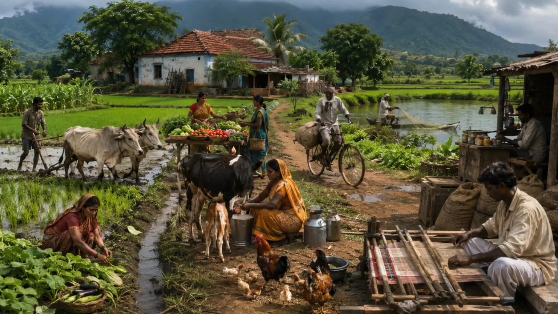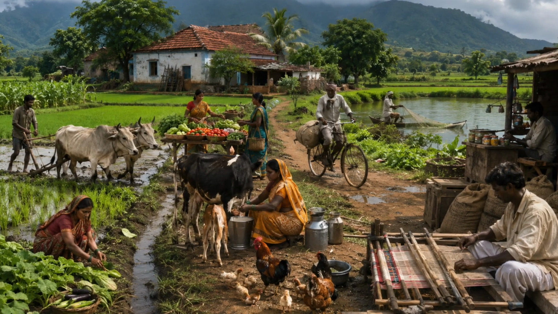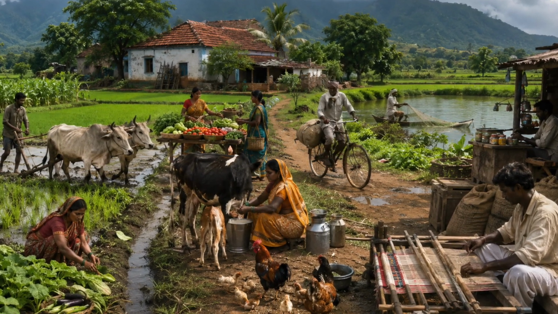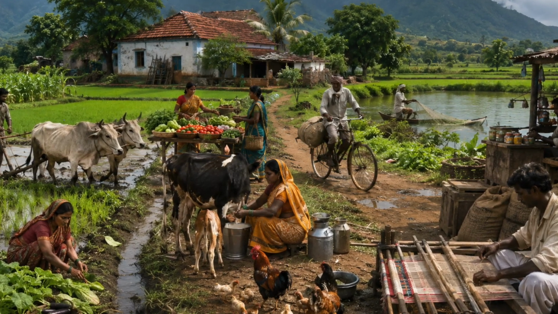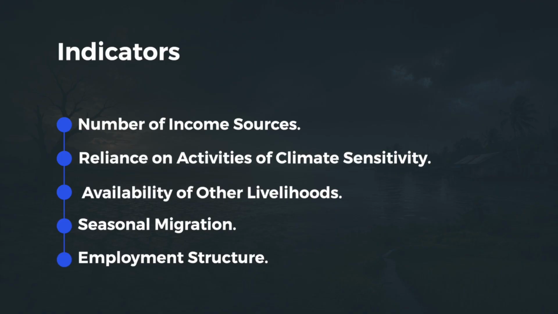Now, let me explain to you the livelihood strategies. Livelihood strategies are defined as the variety and breadth of activities that are performed by the households to earn their living. What are the indicators? The indicators include number of income sources, reliance on activities of climate sensitivity, availability of other livelihoods, seasonal migration, employment structure.